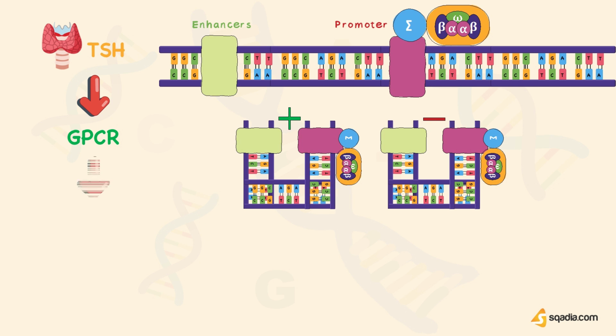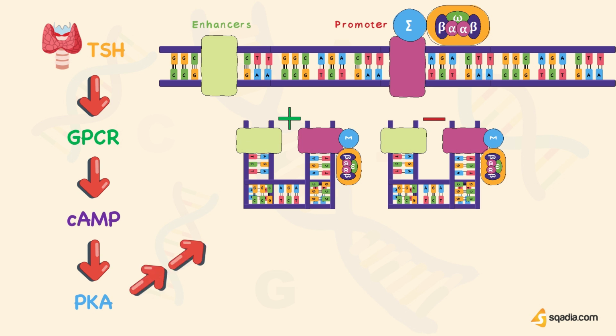We name them GPCR. Then it forms cyclic AMP, which we write as cAMP. Then it gives rise to protein kinase A or PKA. Now this PKA binds with enhancers or silencers. And thus, they either stimulate or reduce the production of thyroid hormone.